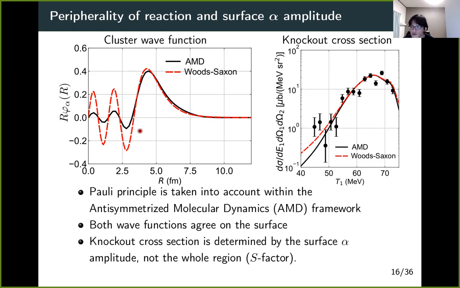So we have a large ambiguity or freedom in this region, and the S factor is not a good quantity to extract from the reaction cross section. What we determine by the knockout reaction is the surface alpha amplitude, but not the whole region that gives the S factor.